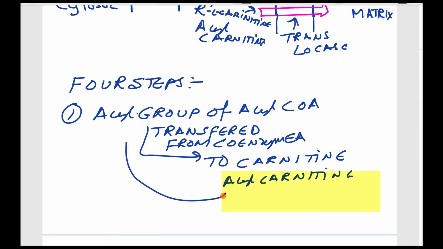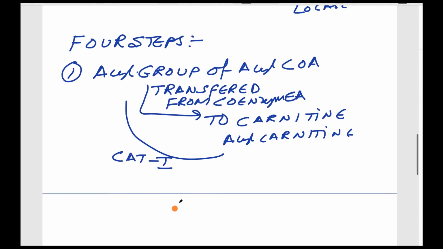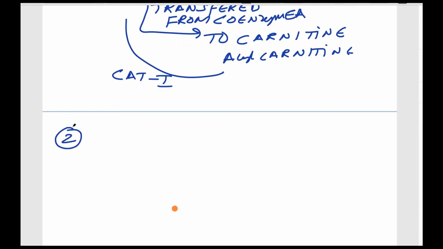Here what we require is CAT1, carnitine acyl transferase 1. So it is taking place at the outer membrane.